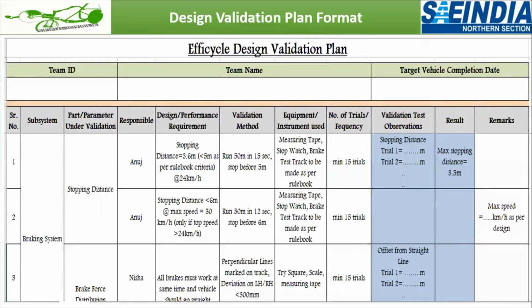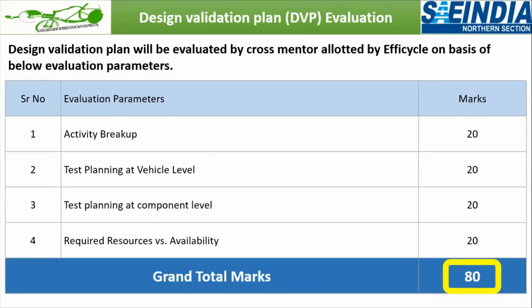After that there are the validation test, observation and test result.